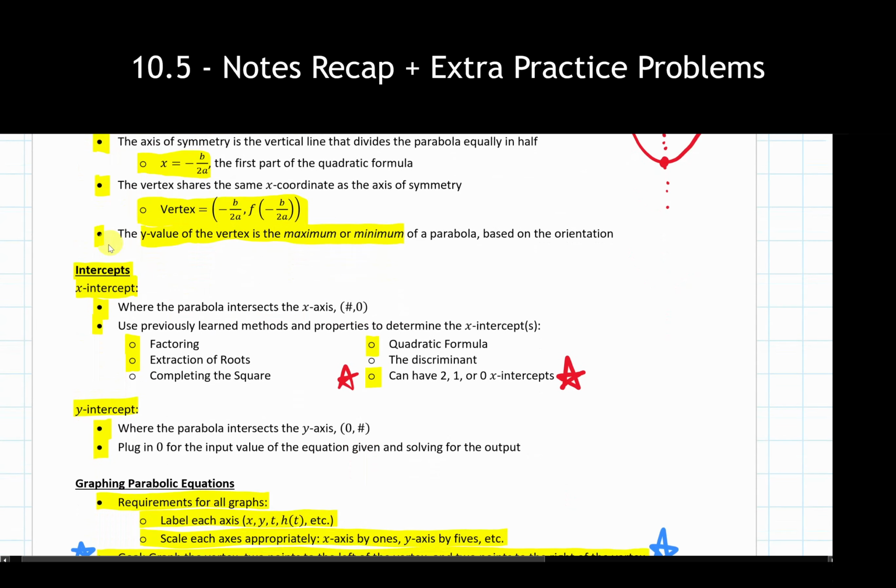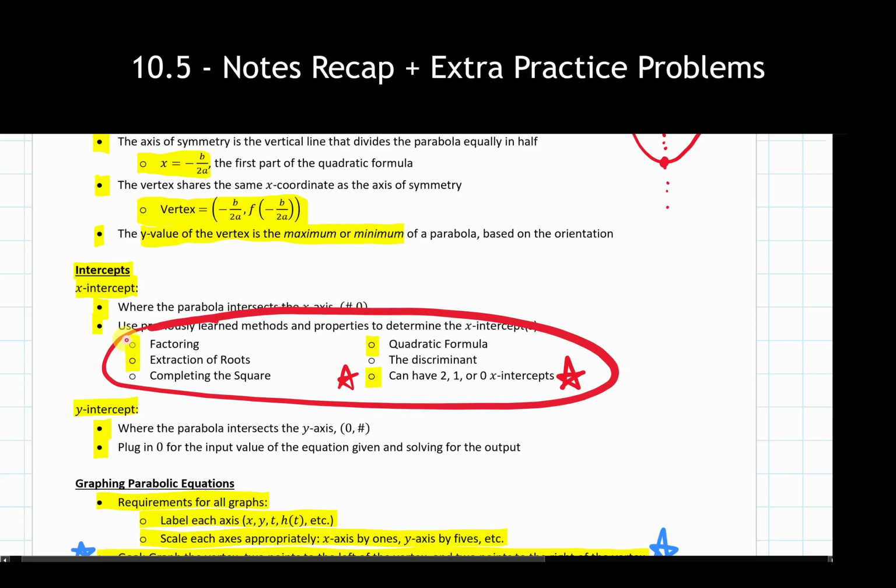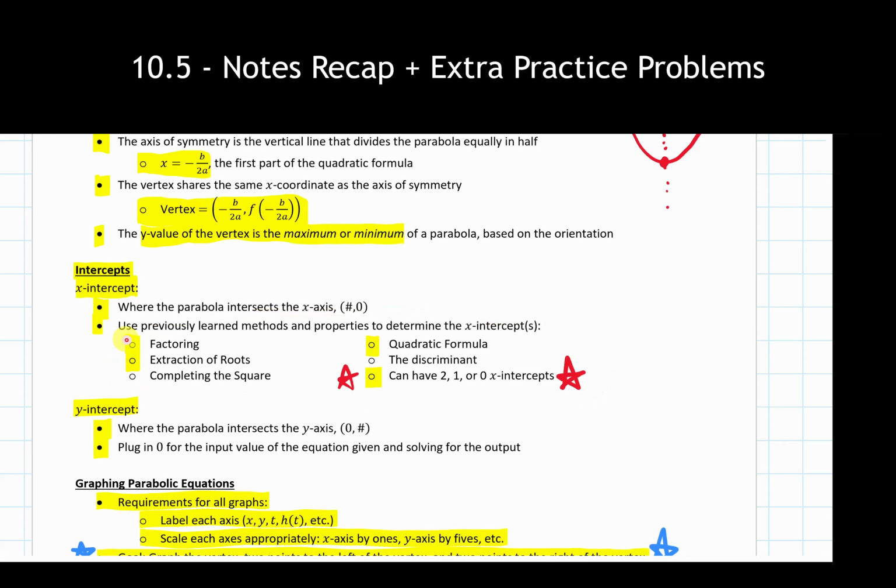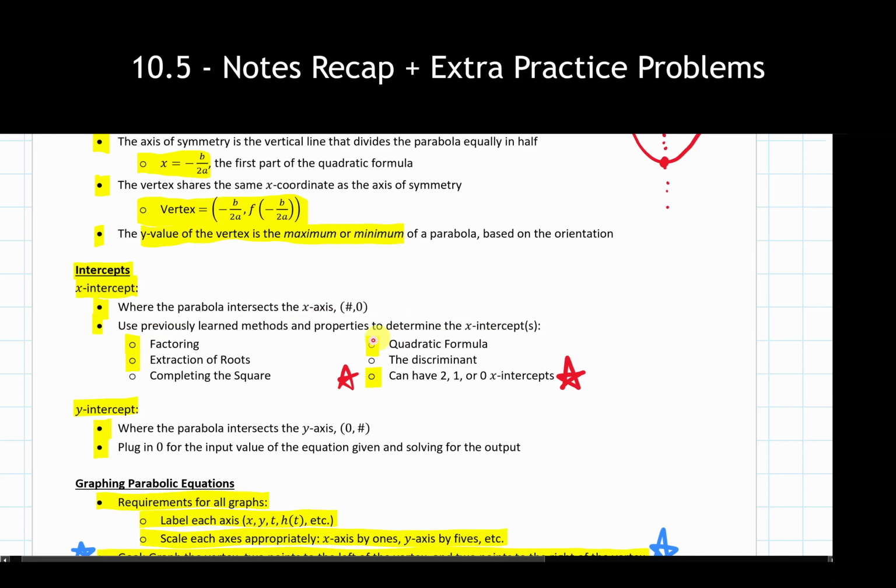When we're finding and calculating the intercepts, we always have a y value of 0. Any of these listed methods that we have right here are fair game. They will all work, some of them more efficiently than others. We always have the quadratic formula we can fall back on if we make our equation into standard form if necessary.